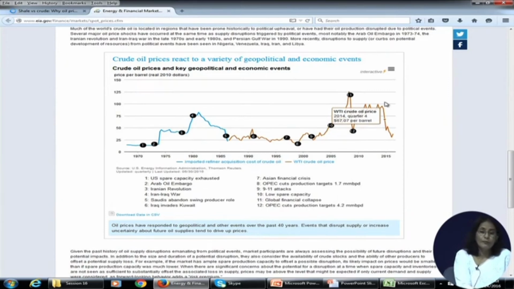So do spend some time if you are interested to know more about what geopolitical events influence prices. This is one of the best sources for understanding the impact of this factor on crude oil prices.